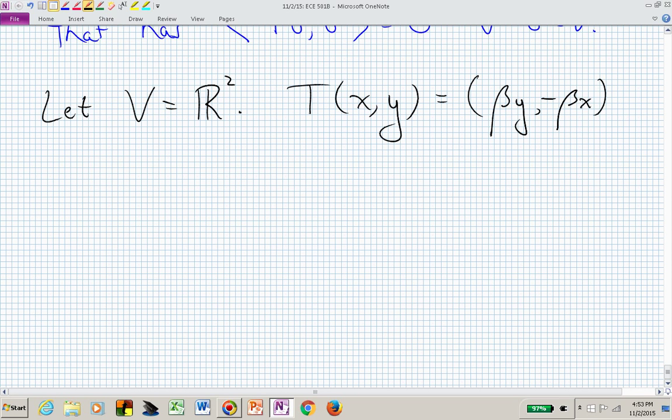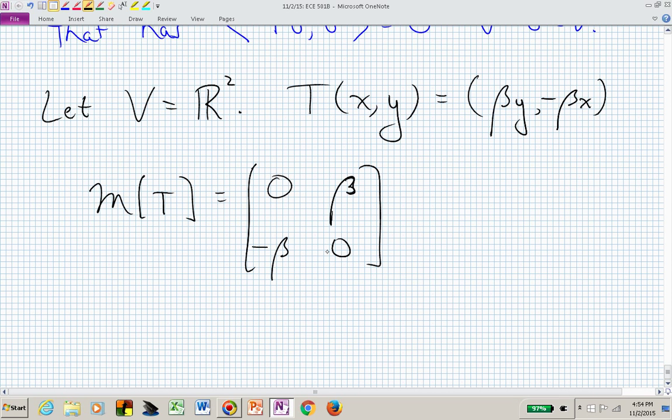What's the matrix representation of T? What's the top row? 0, beta. And what's the bottom row? Minus beta, 0.